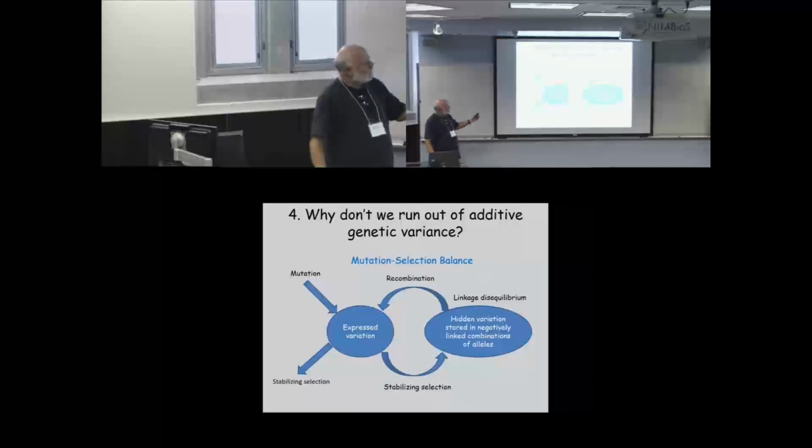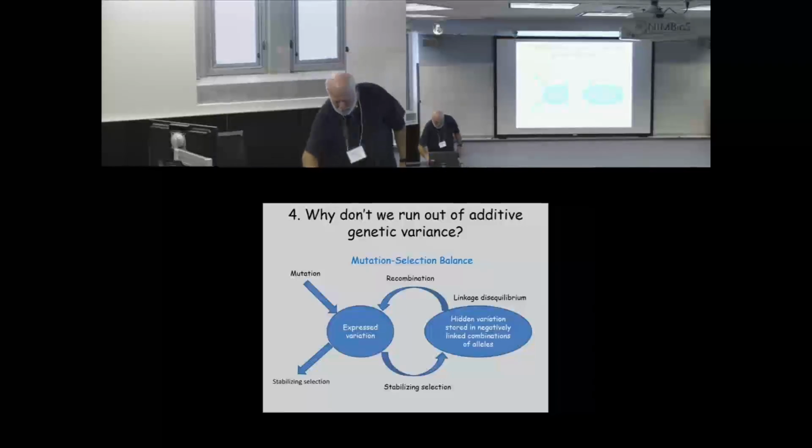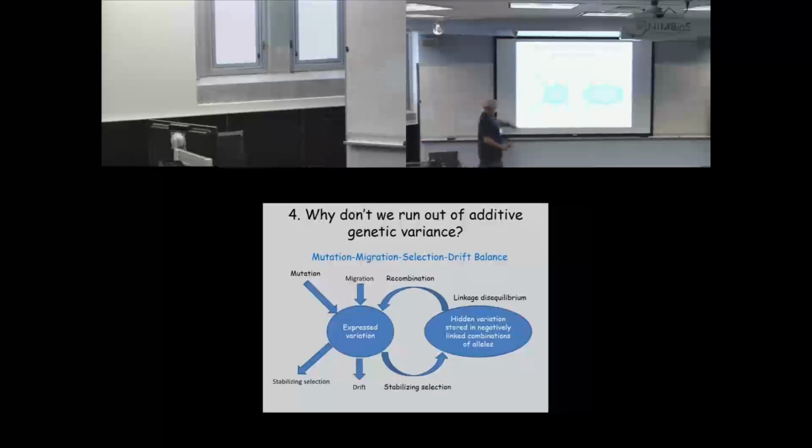So what about this model having a shortfall? I personally do not worry about that too much because in the real world, our populations aren't closed systems. And in particular, we know that there's a lot of migration coming into the population and even hybridization.